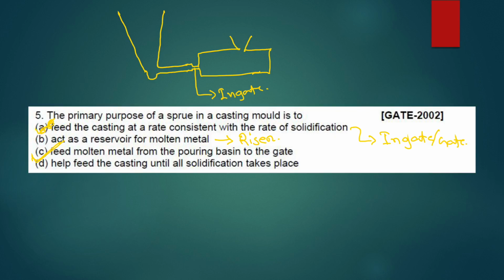And riser acts as reservoir for molten metal. Then for sprue, feed the molten metal from the pouring basin to the gate. Pouring basin is here. It's like this, this one pouring basin.